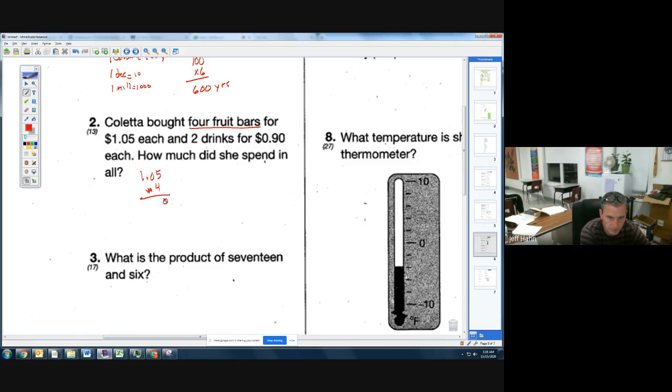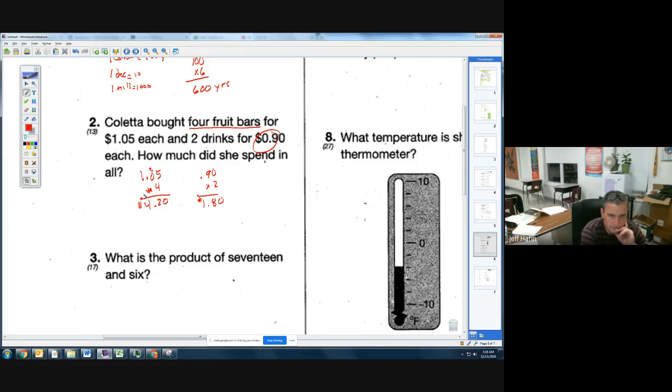If you do your multiplication right, that's 20. Carry the 2. You end up with $4.20 for the fruit bars, and then you had 2 drinks at 90 cents each. So we got 90 cents times 2. That is $1.80 for the drinks.